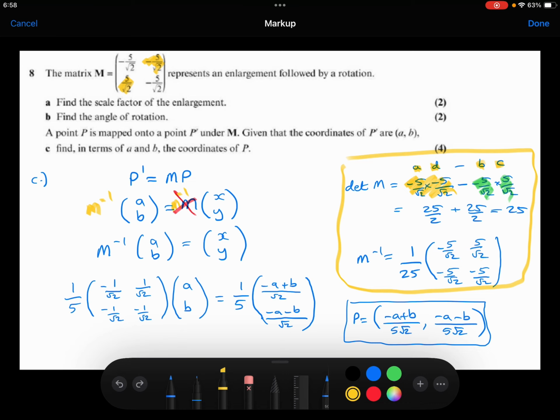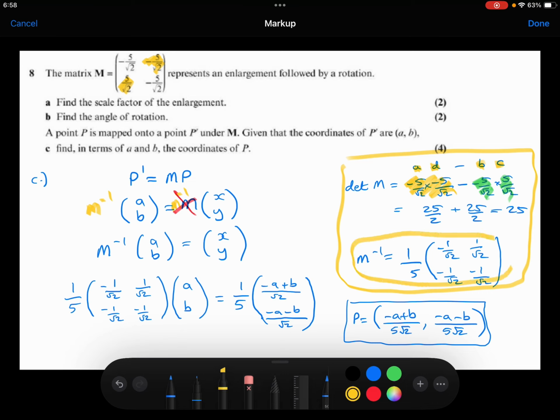One other thing I did before I actually substituted the inverse matrix in here is I just noticed that the 5s here will cancel with the 1 over 25. So basically I've just factorised that 5 outside. To get 5 over 25, which is the same thing as 1/5.